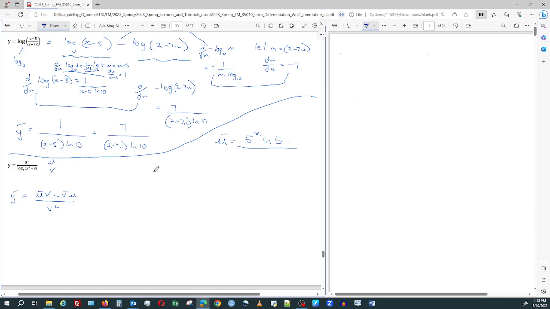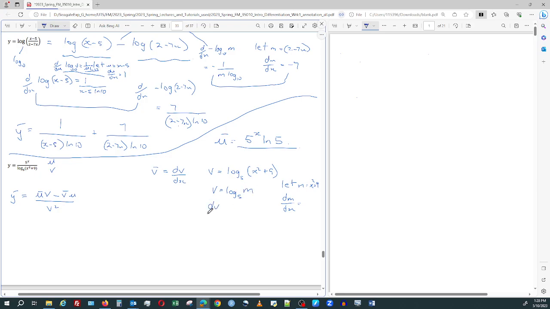it's log base 5, so v dash is going to be equal to dv/dx, where v is equal to the log base 5 of everything in here. So I'm just writing it out so that we can do it properly. We can let m equal x squared plus 9. So the m, the x will be part of the chain to get this v dash. We can rewrite v as log base 5 of m.